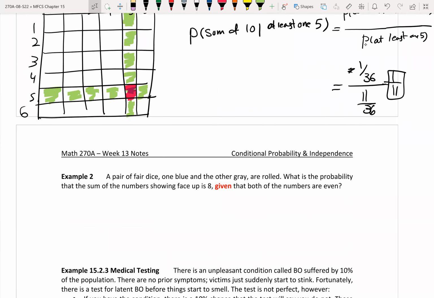One more time. A pair of dice, one blue and the other one gray. What is the probability of the sum of the numbers showing is 8, given both numbers are even? Given both numbers are even.